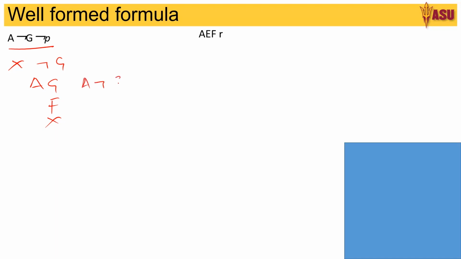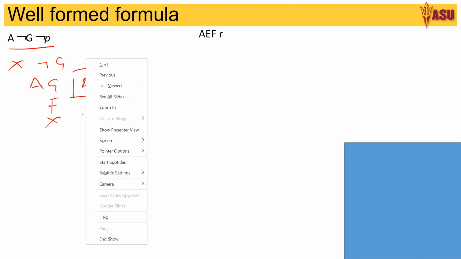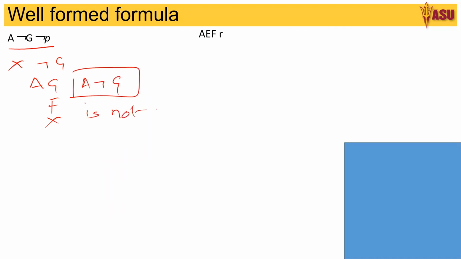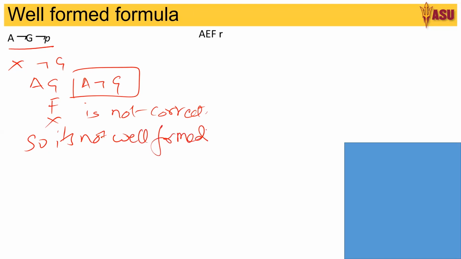So A not G is not well formed. The other one, we have an A, E, and F. Trying to read this in English: it's all paths, there exists a path in which in the future there is at least one R. Well, this doesn't make sense again.